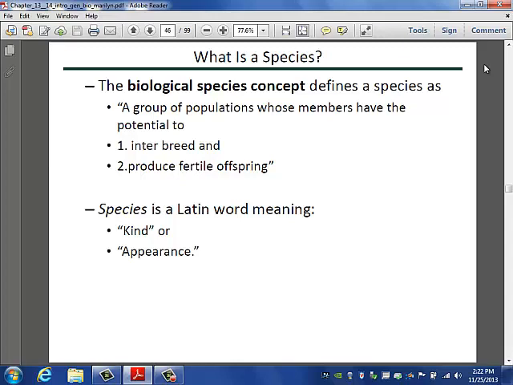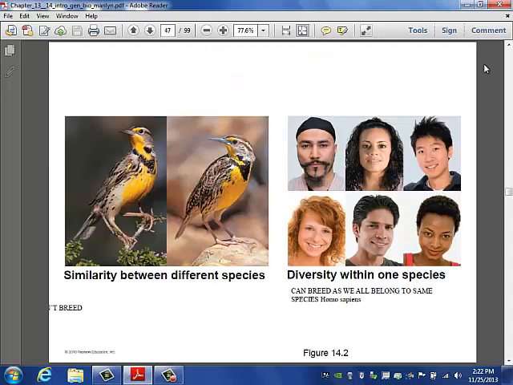No. Did you know that? Mules are sterile. So we see that new individual, but they can't carry on because they're sterile. So we have to have some sort of reproductive success in order for us to see that new species. Species is a Latin word meaning kind and appearance. And we know now that we have more information, it's not just appearance, it's what?